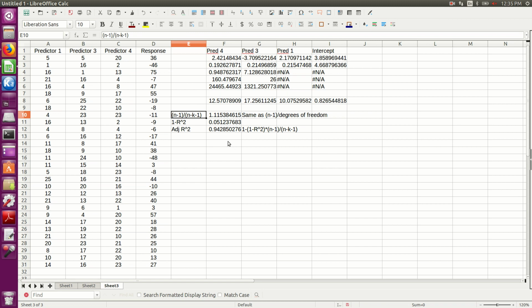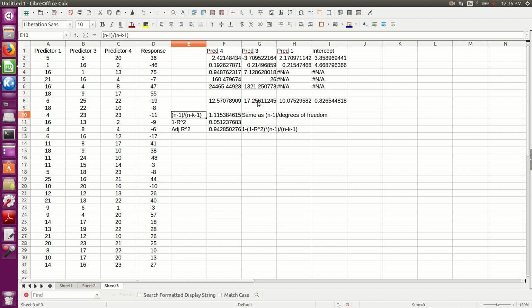So the whole idea is adjusted R squared wants to help out models that have many fewer variables in them, so 3 as opposed to 5, that sort of thing. It's trying to help that out, and in this case we see it helped it out a little bit, but actually the adjusted R squared is still a bit smaller for this model.